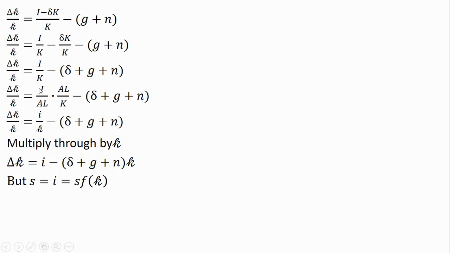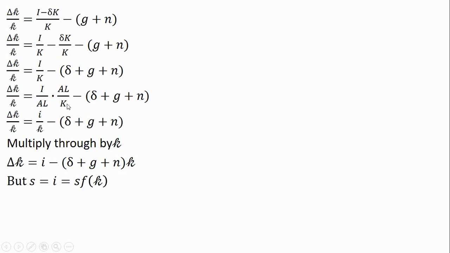Remember, I told you I over AL is what? It is the small i, or investment per effective worker. I also told you that K over AL is capital per effective worker, and we represented that with this kappa, or a small k, right? So this I over AL becomes small i.